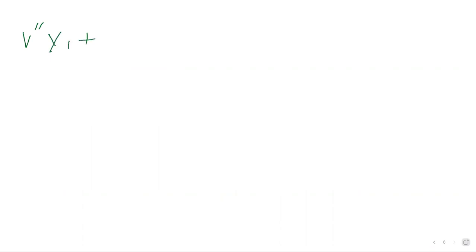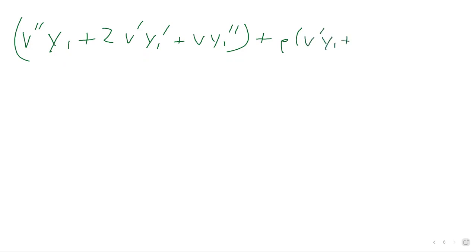I'm going to rewrite it a little bit: P times this, Q times that, and that's all going to equal 0.